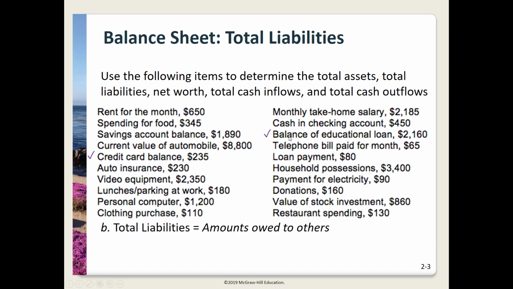And we have a balance of an educational loan of $2,160 that we owe to a lender. So it could be a bank that I have my educational loan from, or perhaps the federal government. When I add those two numbers up, we get $2,395 for our total liabilities. So these are balances that we owe to another party.